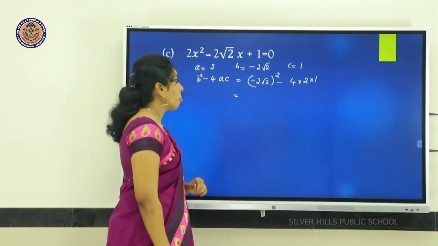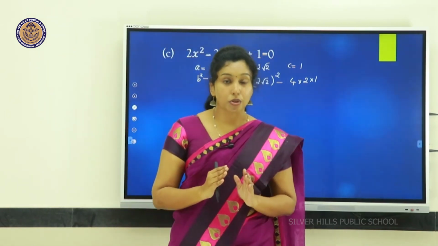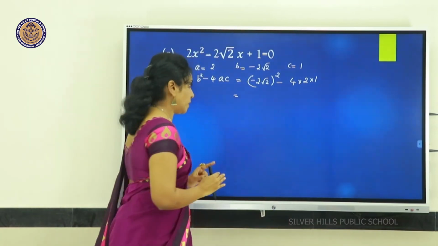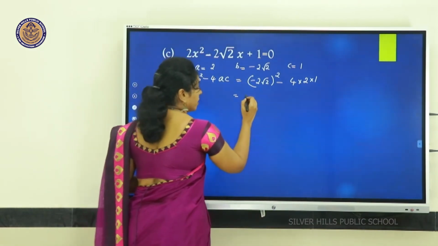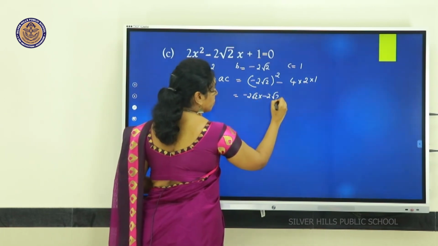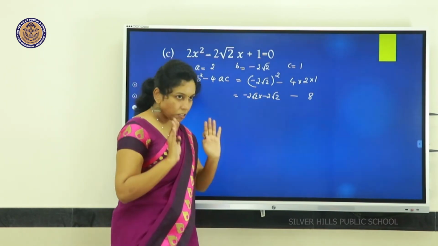That's equal to. Now, minus 2 root 2 whole square is minus 2 root 2 into minus 2 root 2. So, minus into minus is plus. Okay. So, I'll just split minus 2 root 2 into minus 2 root 2, minus, this is 8 here. So, minus into minus is positive.